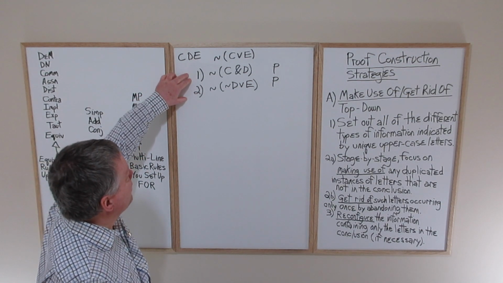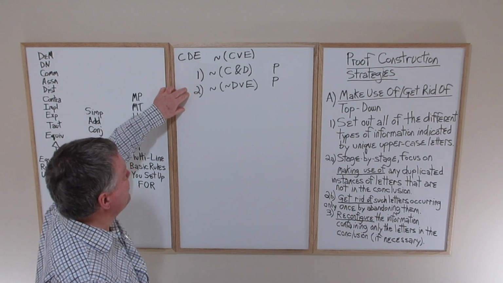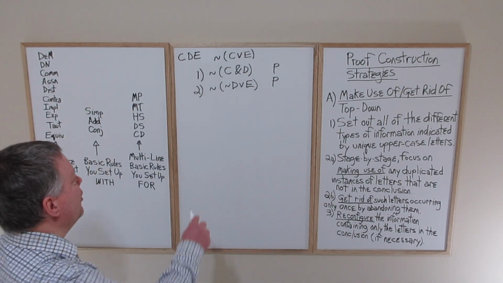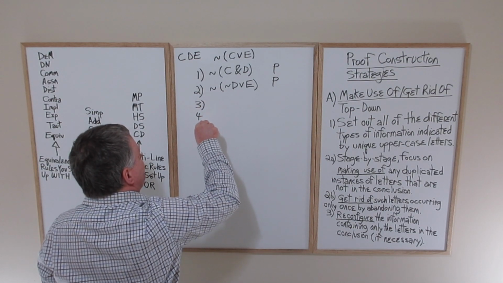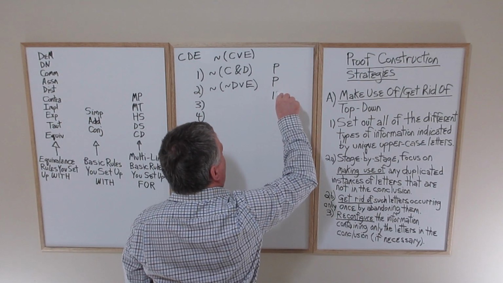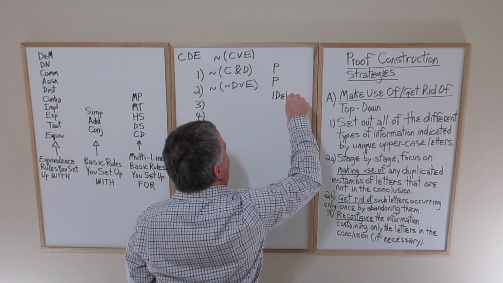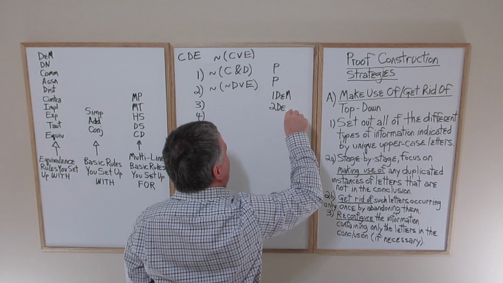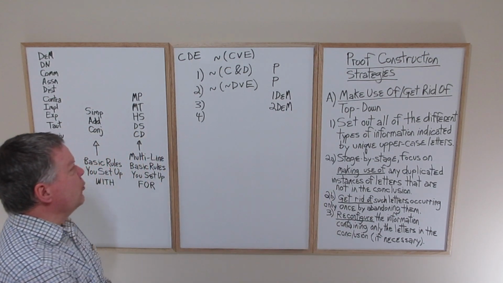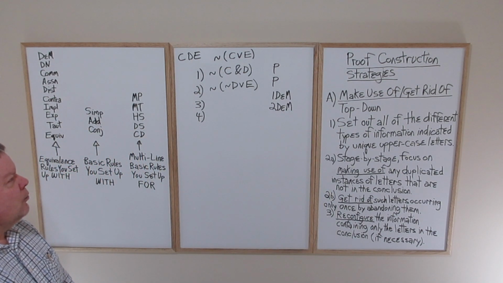Here, we've got a negated conjunction. The second premise is a negated disjunction. So this particular proof calls for 2 De Morgans in a row.